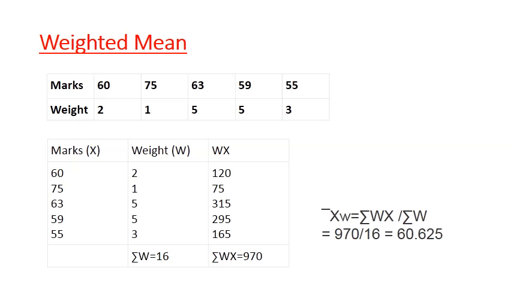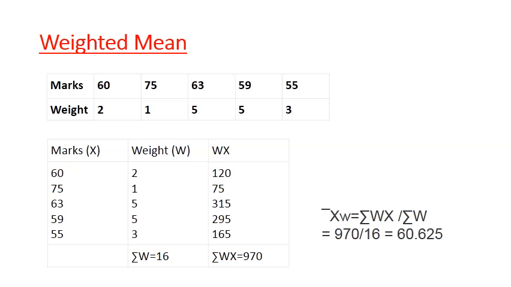Now how to calculate the weighted mean. Marks are given: 60, 75, 63, 59, 55. Weights are 2, 1, 5, 5, 3, and you can see here weights are given, not frequency but weights. So marks are also given.